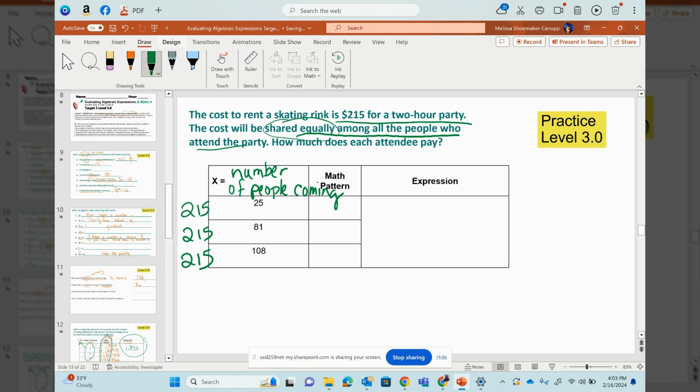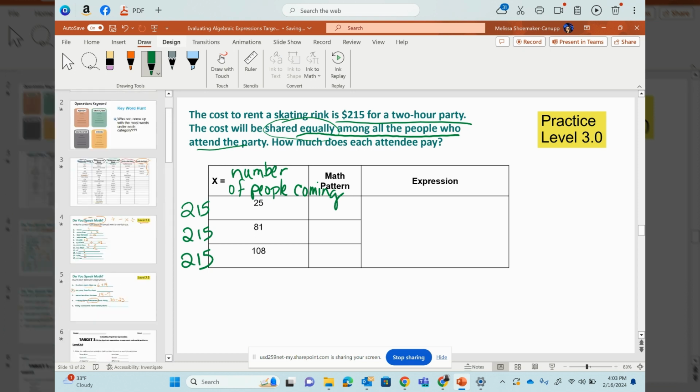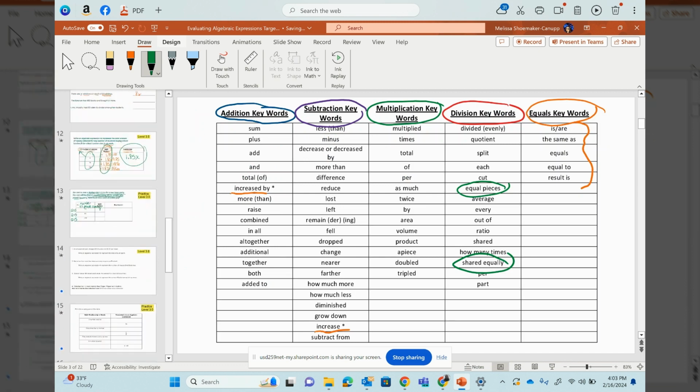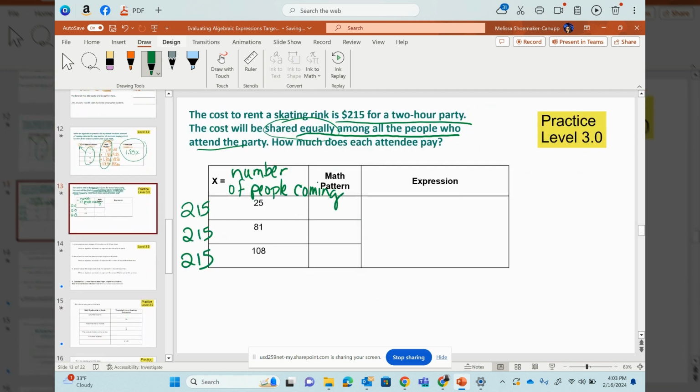Well, if you go back up to these word phrases, okay, if I look at division, equal pieces, shared equally, do you see those phrases? So that's going to tell me that I'm probably going to need to divide 215 divided by 25, 215 divided by 81, 215 divided by 108.